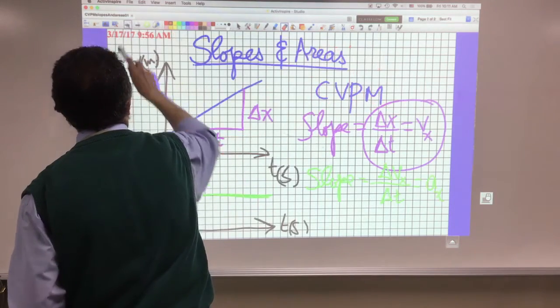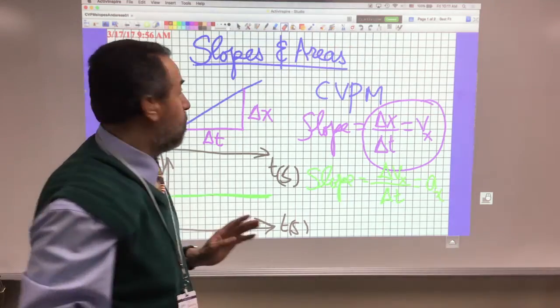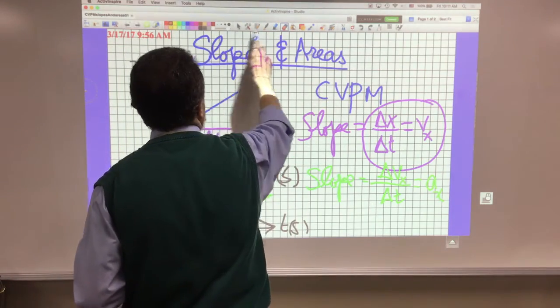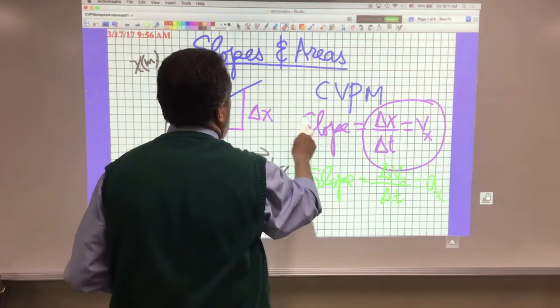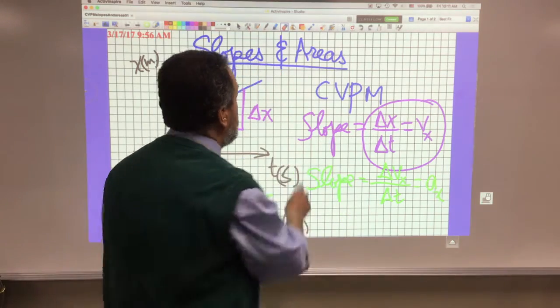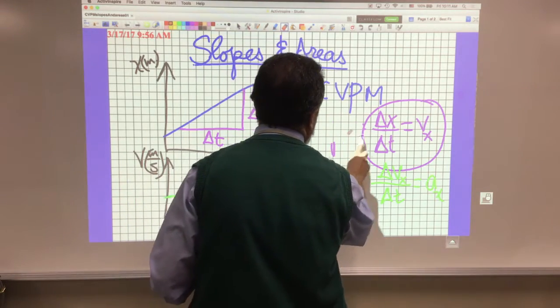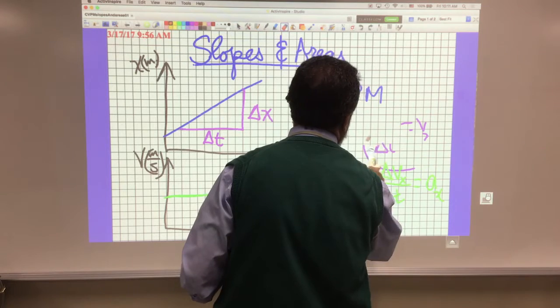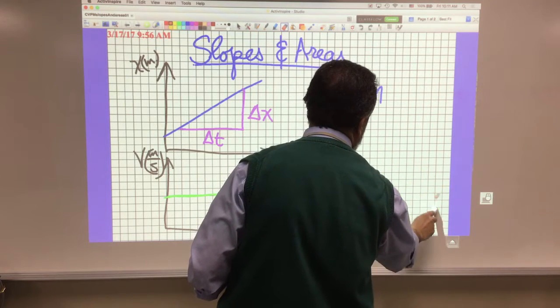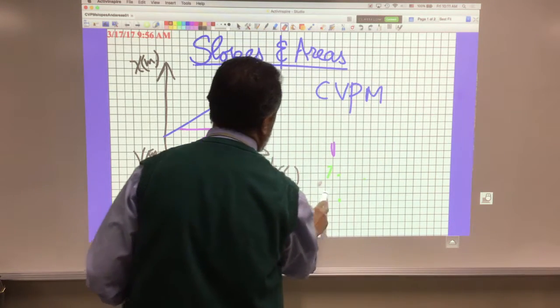So let's go back here. Instead of concerning ourselves with slopes, we will try to see what would happen if we focus on the areas.